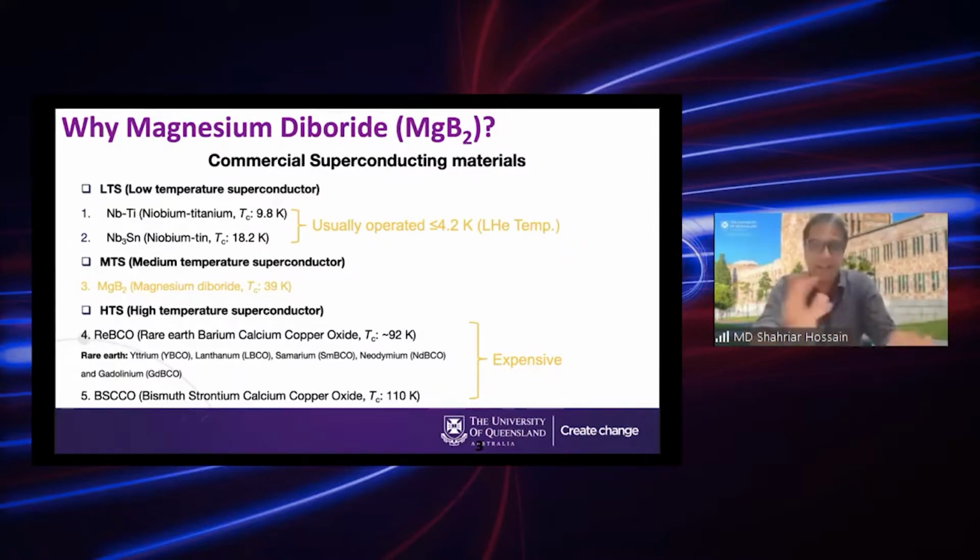we are not in the position we expected. It is not yet implemented and applied in device fabrication. Niobium titanium is still the workhorse in the commercial market.